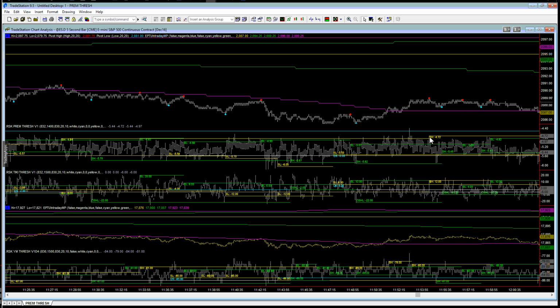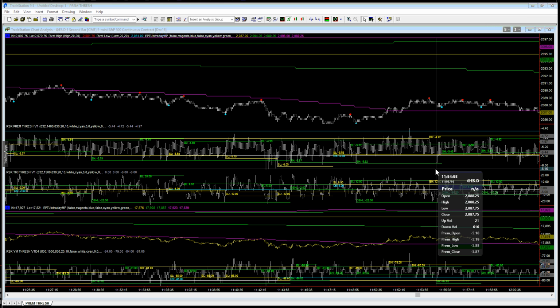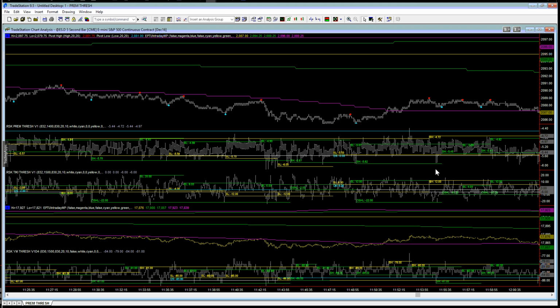And the indication is, looks like we're still moving up. And there could be a basis for presuming that if it wasn't for the fact that we dropped so low right in here, that kind of changed everything.